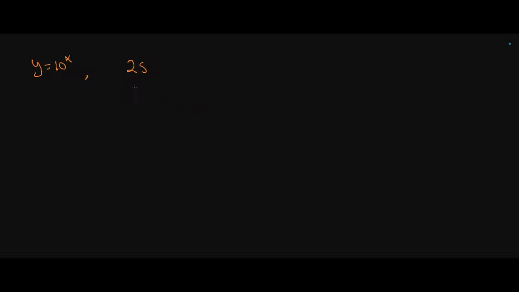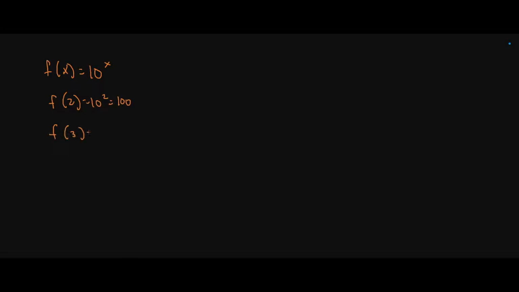So to get started here, whenever you want to find the inverse of a point, you flip the x and y. Let's say we get f of x is equal to 10 to the x. Let's plug in 2, and we get 10 squared, which is equal to 100.